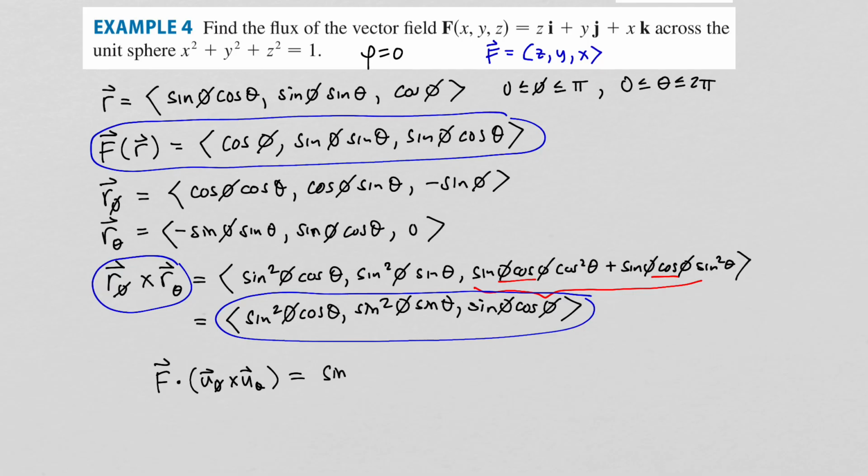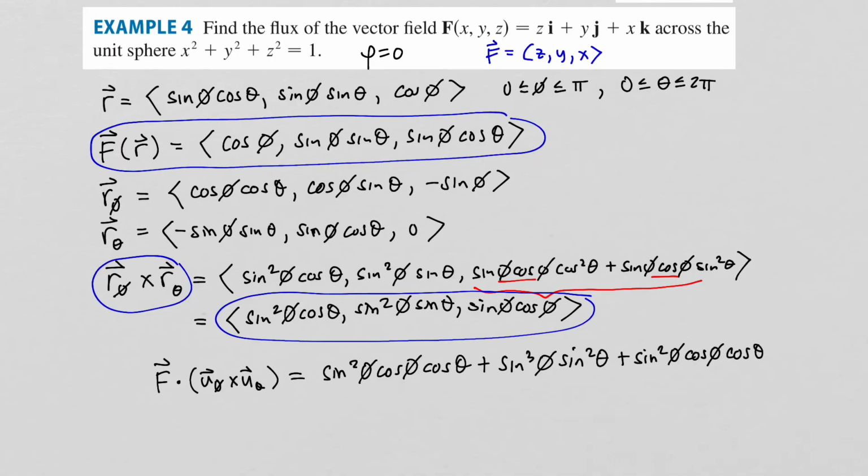That's going to be sine squared phi cosine phi cosine theta. Plus, then next we have sine phi sine theta times sine squared phi sine theta. That's going to be sine cubed phi sine squared theta. Plus, and then lastly, sine of phi cosine of theta multiplied by sine of phi cosine of phi is sine squared of phi cosine of phi cosine of theta.